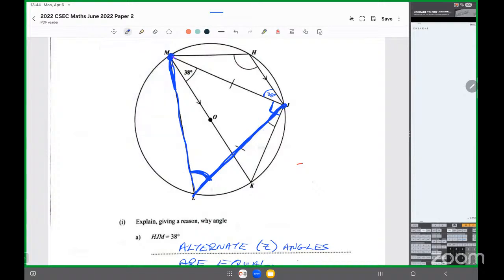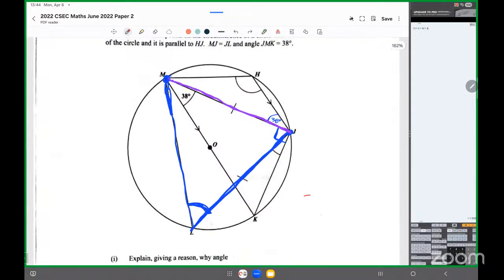It is this chord that is subtending it. I could say this arc. We normally work with the chord first. When you don't show a chord, you work with the arc. But since I show a chord, let's work with the chord. What else is this chord subtending? That chord is also subtending this angle at the circumference right here.